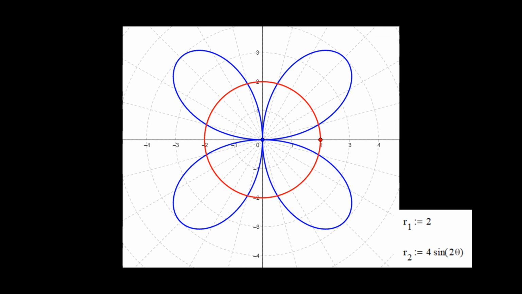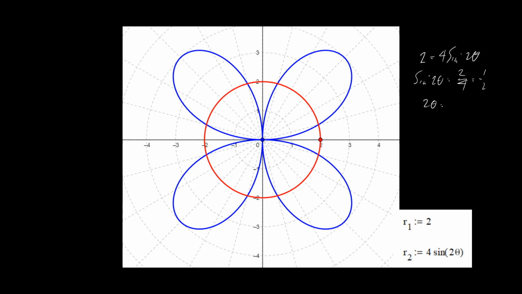For the four-leaved rose r equal to 4 sine 2 theta and the circle r equal to 2, observe that there are 8 points of intersection. Because of symmetry, we only have to determine one point of intersection, and that will allow us to determine the other 7 points of intersection. So we equate the 2 equal to 4 sine 2 theta, or sine of 2 theta is 2 over 4, or 1/2.